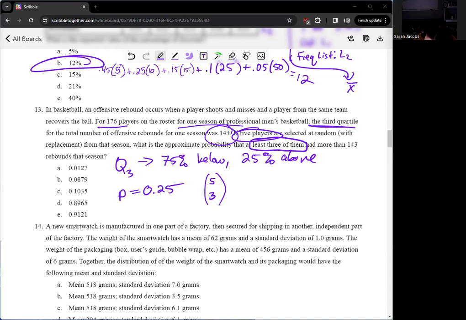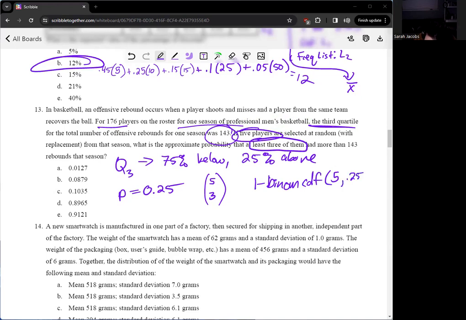All right, so because it's an at least, that's to the right, that's to more. So we're going to do 1 minus binomial CDF, because at least means 3 works, 4 works, 5 works. So we want all of them. So second vars, binom CDF. The number of trials is 5. The p-value is 0.25.